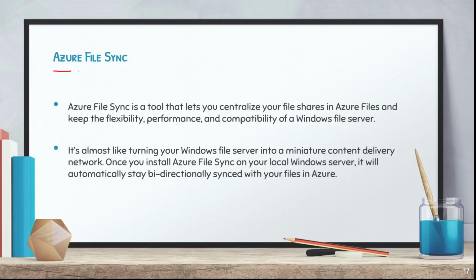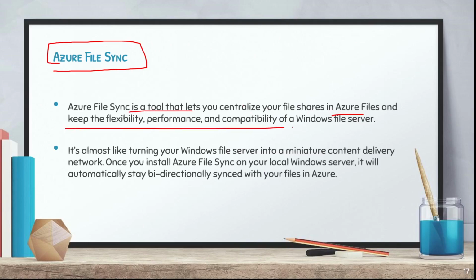So let's take a look at Azure File Sync. This is a tool that is used to centralize your files in Azure Files and keep the flexibility, performance, and compatibility of a Windows file server. It's a centralized way from which you can move your files across various other devices, and it will also sync your data and help with faster retrieval.